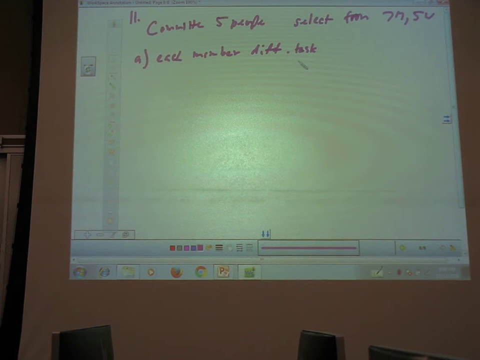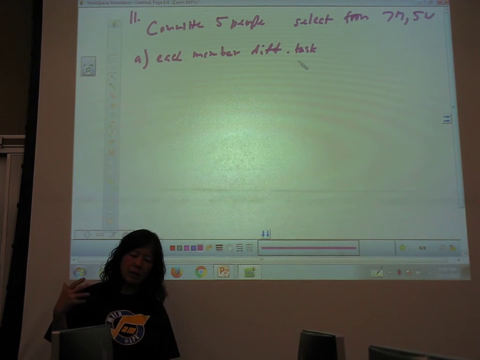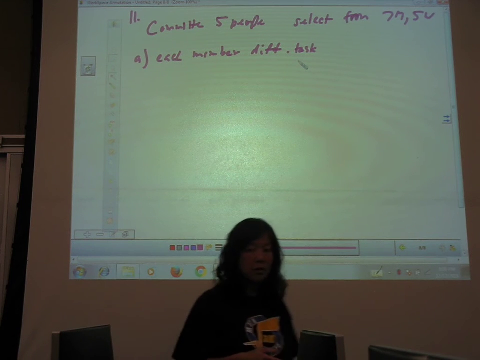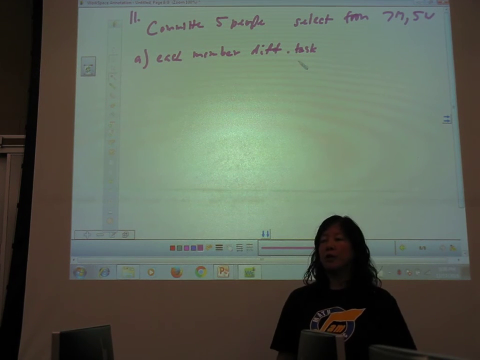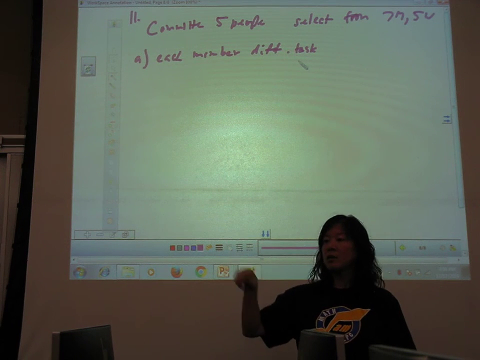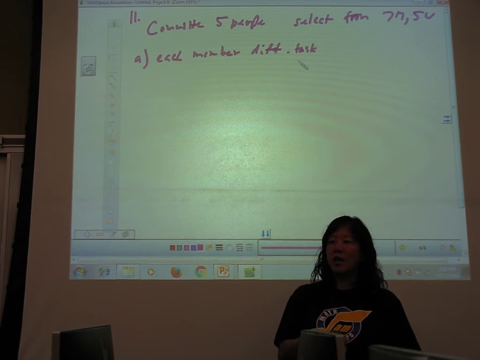So permutations are the regular ones. This times that times that. It's when order matters. Combinations are kind of that weird one. One of my students calls it chaos because it's a C. When it's a C combination, she thinks it's chaos because its fractions are chaos.